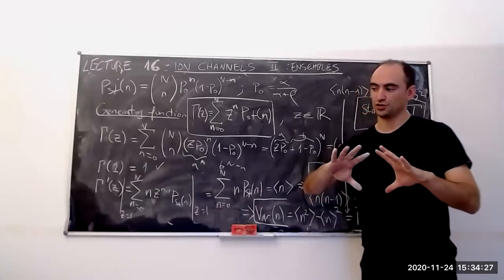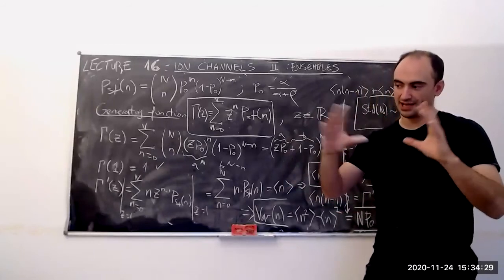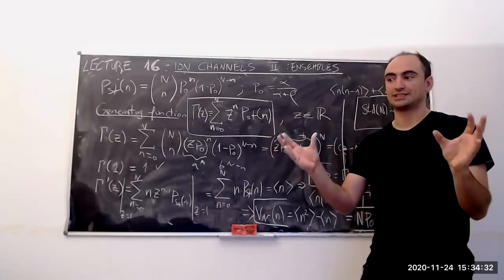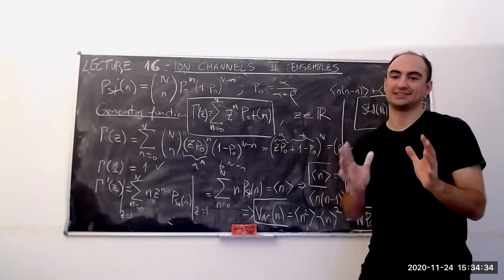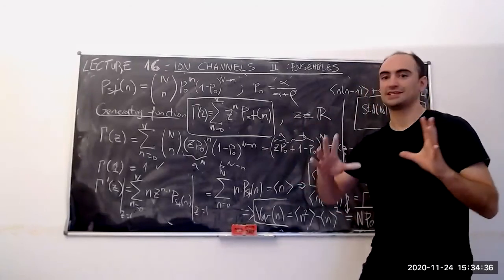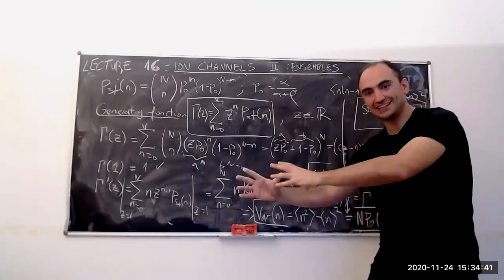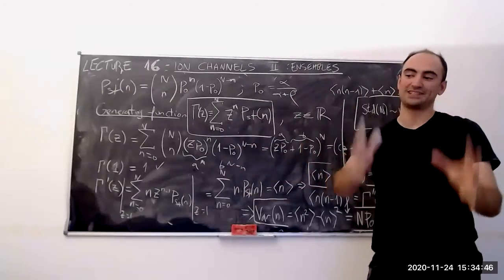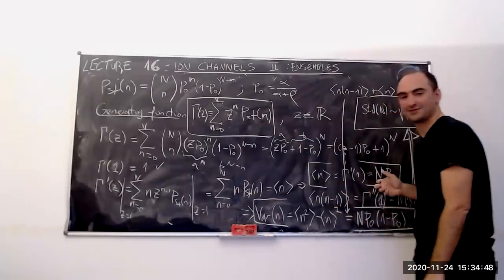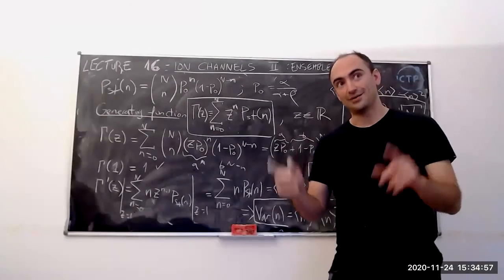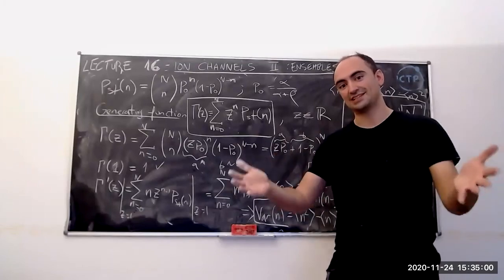Yes, so you have the cell, and there are N channels. What is the average number of open channels in the cell? This means you will have a cell with N channels, another cell with N channels, another cell with N channels. You build the histogram of open channels in each of the cells, and the average of open channels among different cells is this. And the variance is the variance of the number of open channels, because the number of open channels is a stochastic variable.